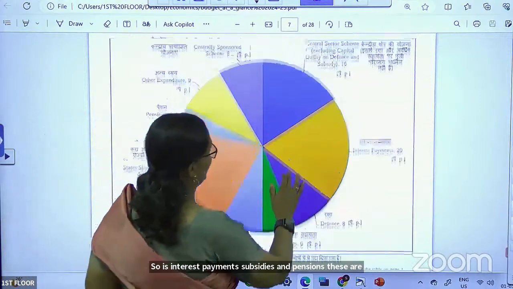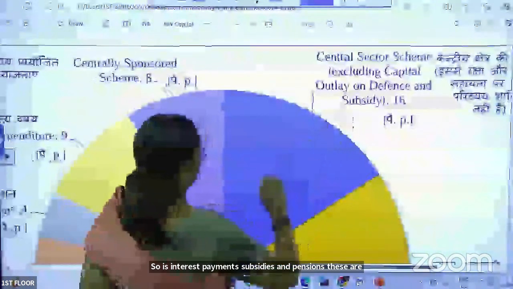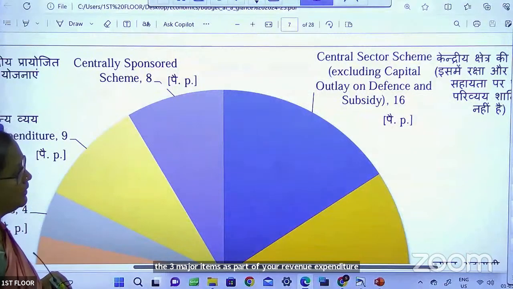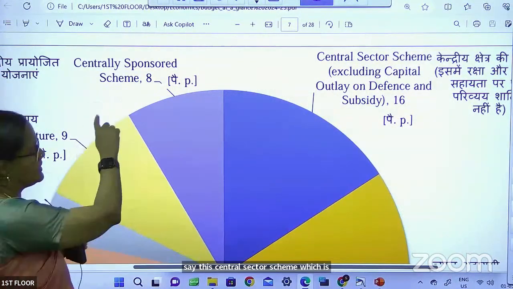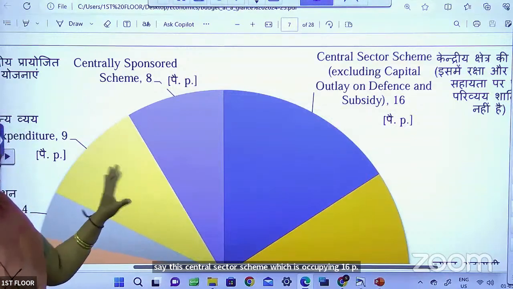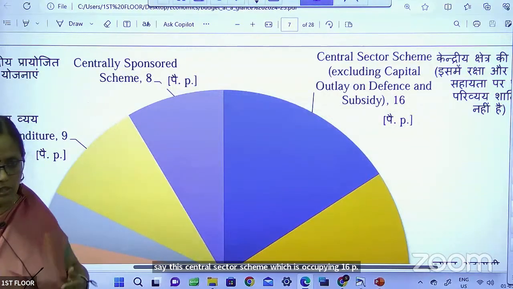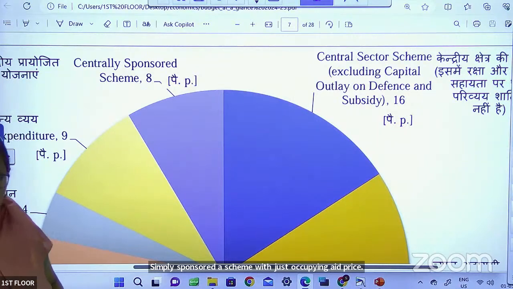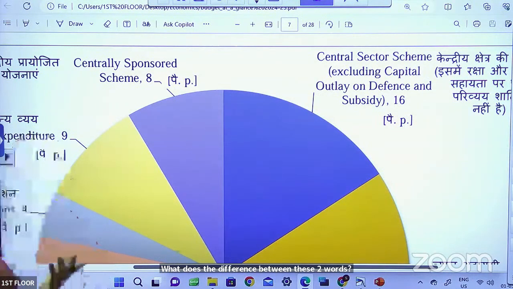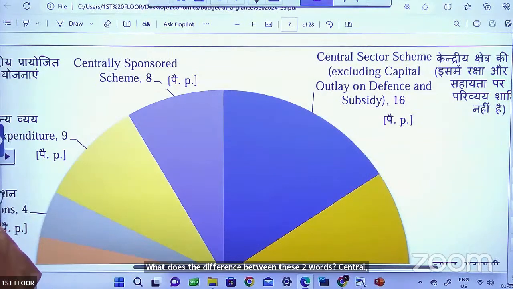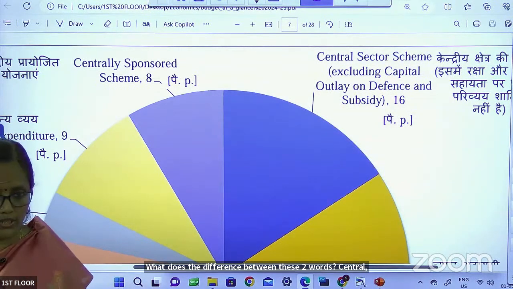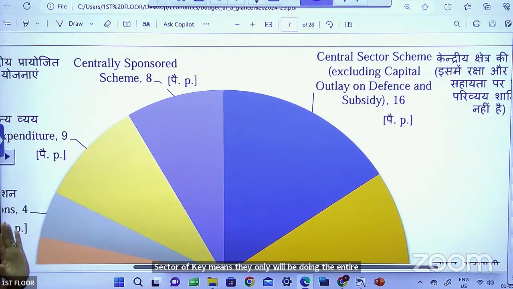Now we will come back to the capital expenditure. You can say this central sector scheme, which is occupying 16 paise, centrally sponsored scheme, which is occupying 8 paise. What is the difference between these two words? Central sector scheme means they only will be doing the entire work. Centrally sponsored means there will be a sharing between the center and the states.